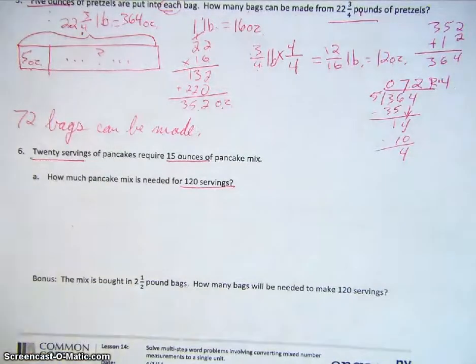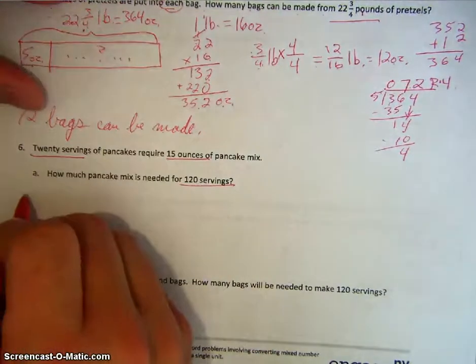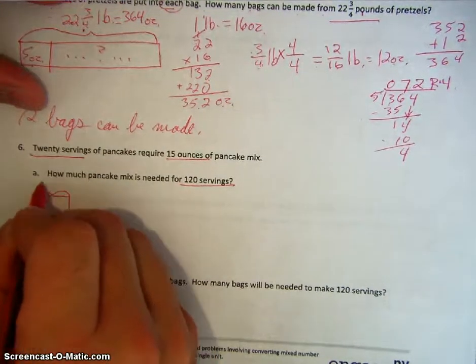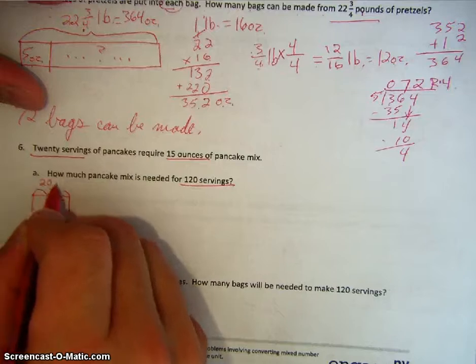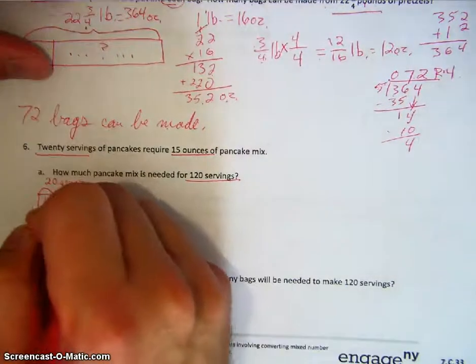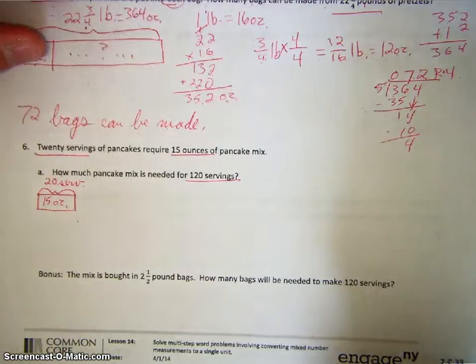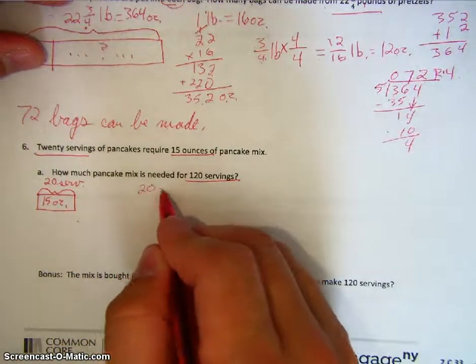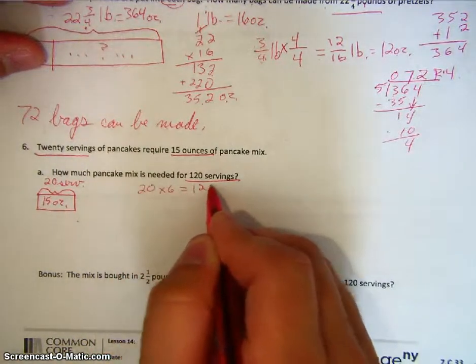So this is a little bit different than what we've seen. What we're going to do is, one section is going to be 20 servings. Now those 20 servings need 15 ounces. Well, we think 20 times 6 gives us 120.